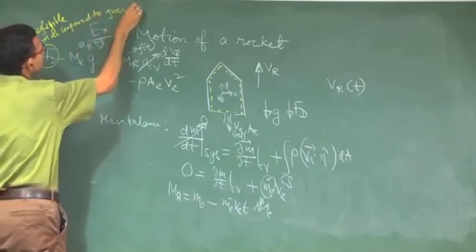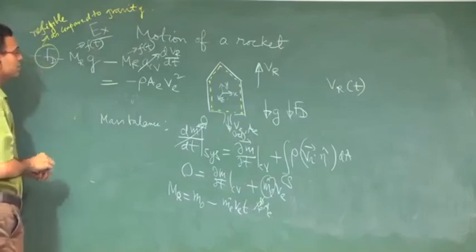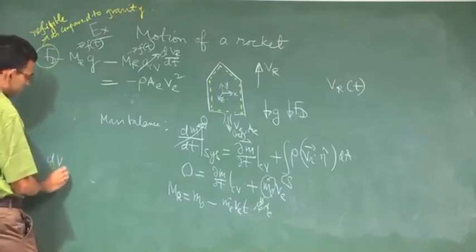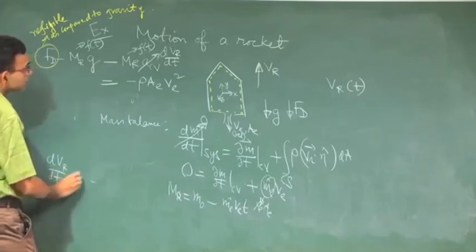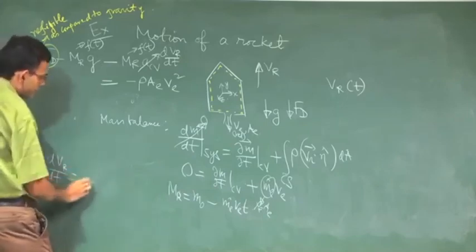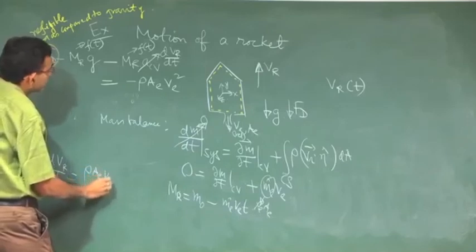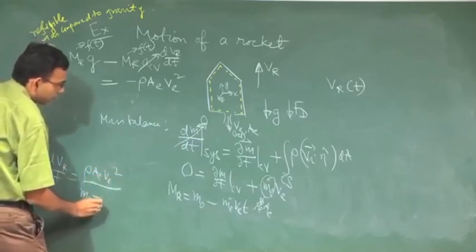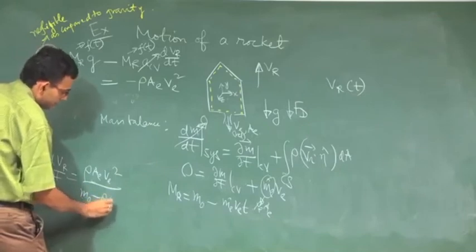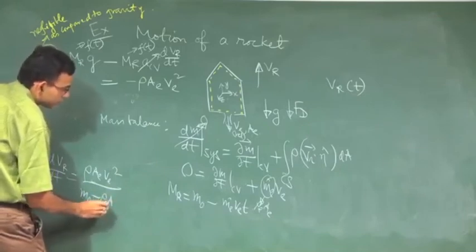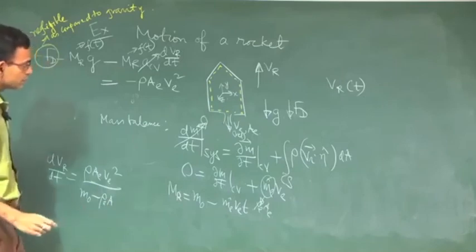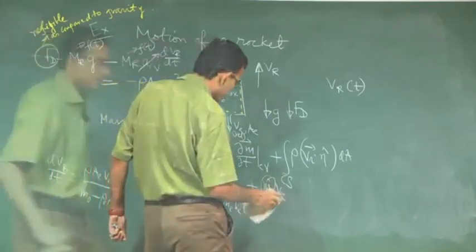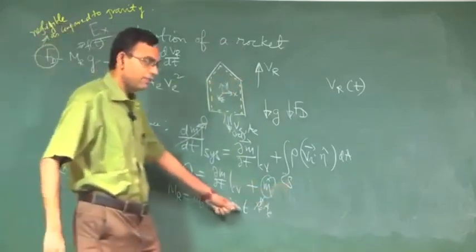So you are left with the following differential equation: dVr/dt equals this one, right, yes, I have written one V extra.